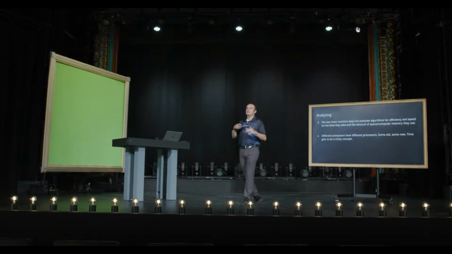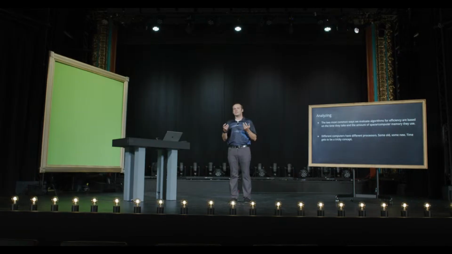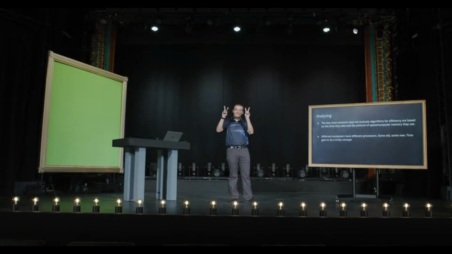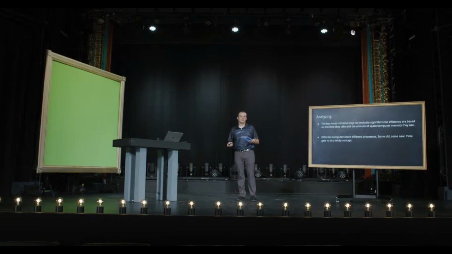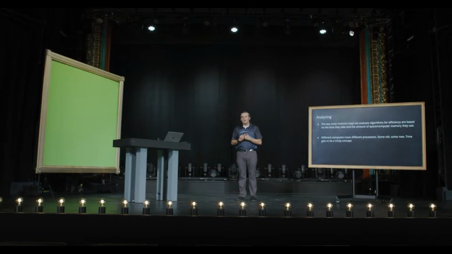The reason, there's a bit of a catch here, which is that we don't exactly use time as a metric because different computers had different processors. The first computer that I got when I was a kid in the 90s was a lot slower than the computer that I have now. And the same algorithm, same code or same process running on both of those machines would run at very different amounts of time.